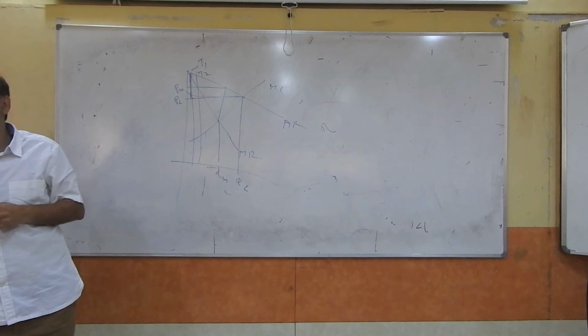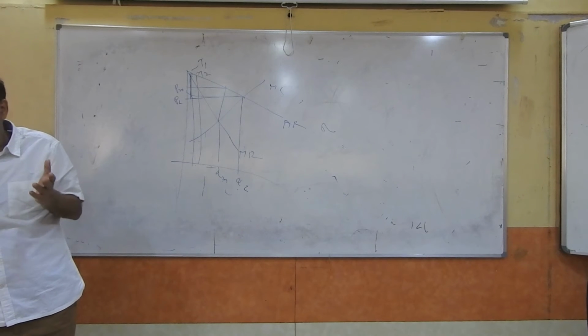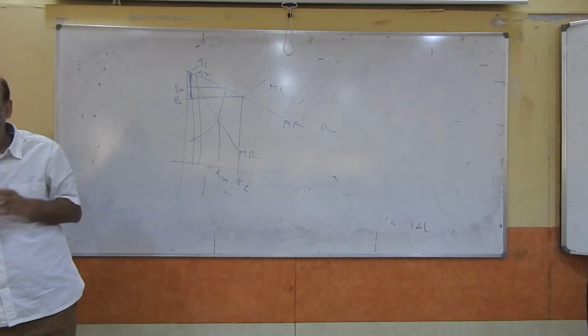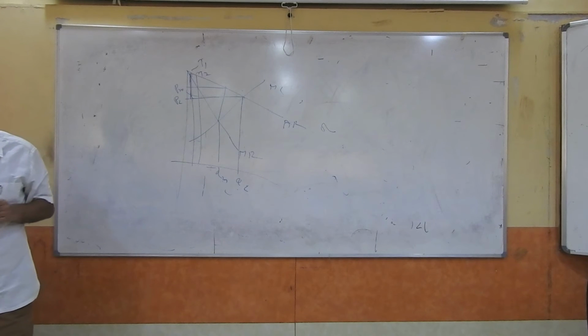The monopoly doesn't know the willingness to pay of each and every person who wants to buy the product. So what does the monopolist do? Any idea?